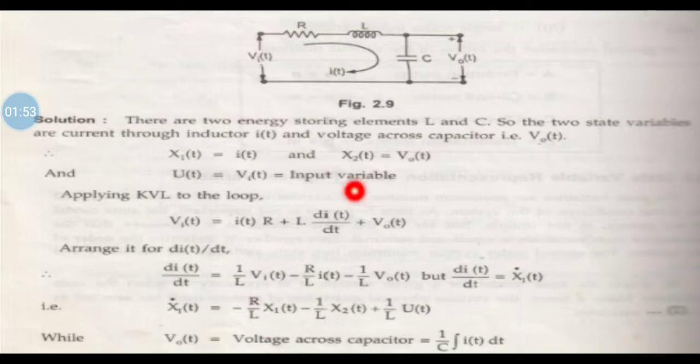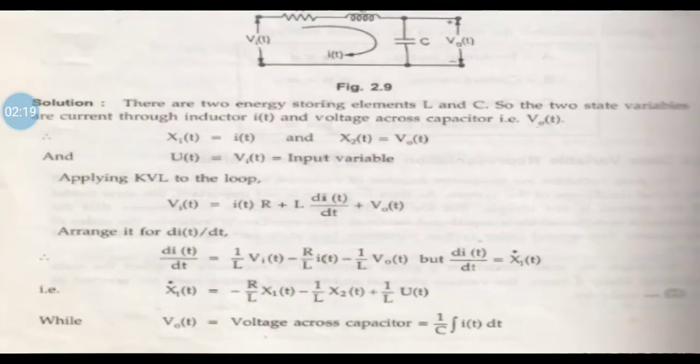Keep this, so it will be Vi of t divided by L minus R by L I of t minus 1 by L V naught of t. But di of t by dt is nothing but x1 dot t, since we have taken I of t as x1 t.